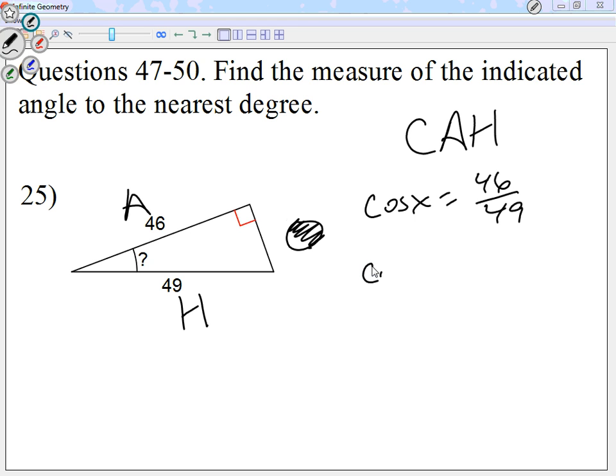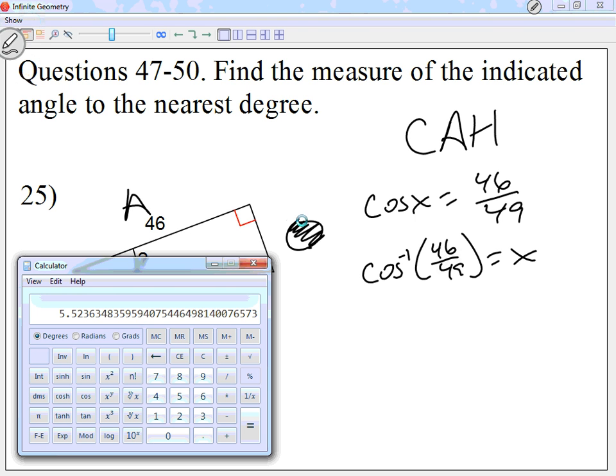So I'm going to say cosine inverse of 46 over 49 is equal to x. Let me get my calculator out. In my case, I have to do the fraction first. So let me do 46 over 49.